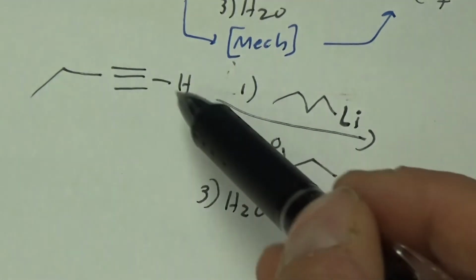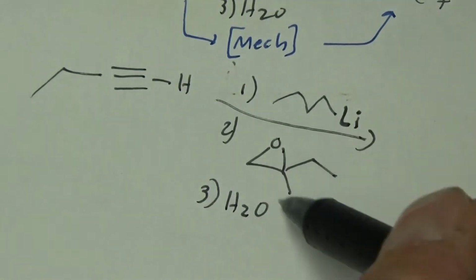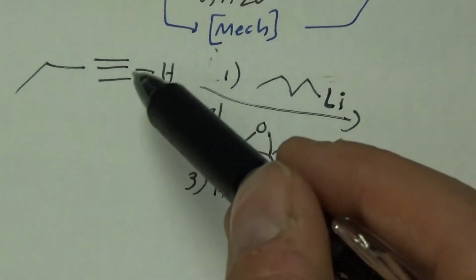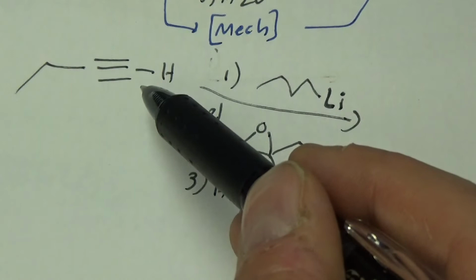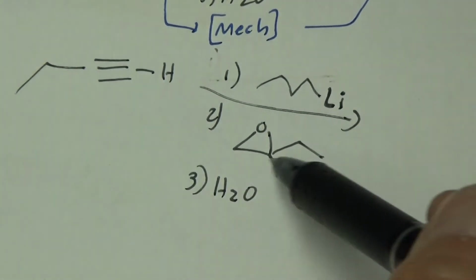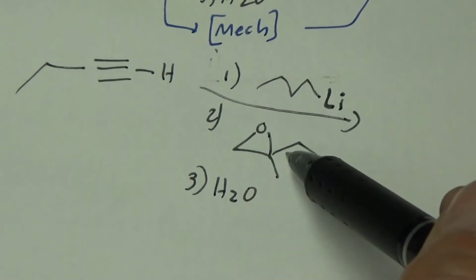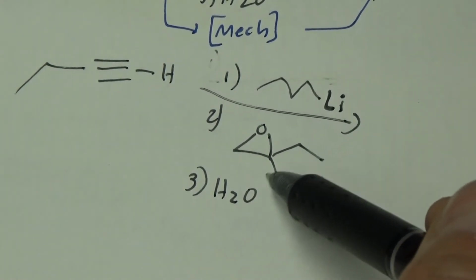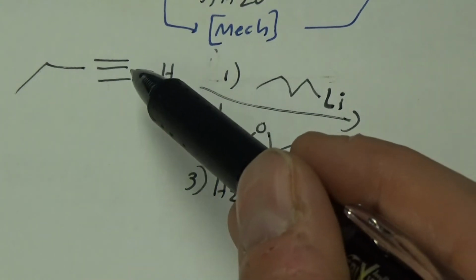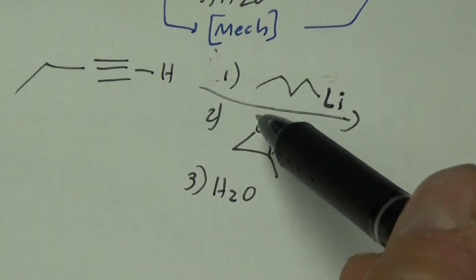And that 4 carbon piece will attack. Which side would basic nucleophiles attack, because it's definitely basic, it's not acidic. Which side of an epoxide will it attack? Is it going to attack the left unhindered side or the right more hindered side? It's always going to attack the left unhindered side. So this carbon's going to attack that carbon, break it open.